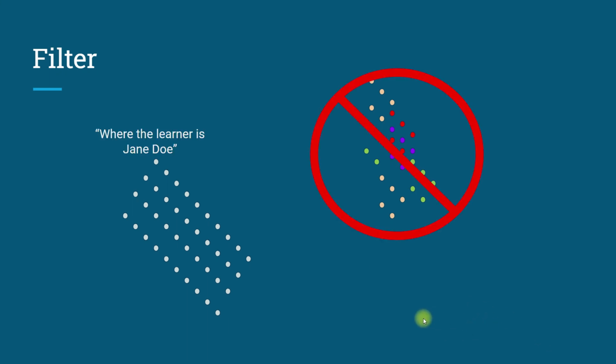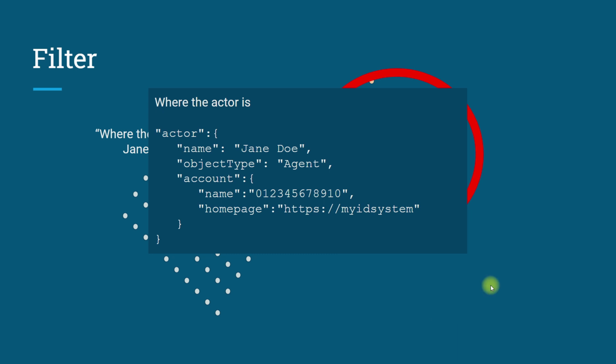The way we do this is we say, for example, give me all the data points where the learner is Jane Doe. And what this looks like in the xAPI world is where the actor is and then some object. So we have our Jane Doe and a particular ID.